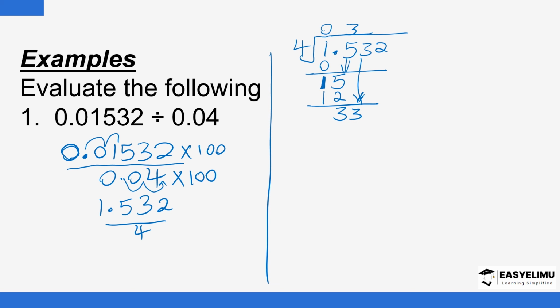So 33 divided by 4 is 8. And 8 by 4 is 32. You subtract, it is 1. You drop the next digit, and 12 divided by 4 is 3. And 3 by 4 is 12 again. So if you subtract, this is 0, 0. And then the decimal point, of course, will jump up there. So 0.383.